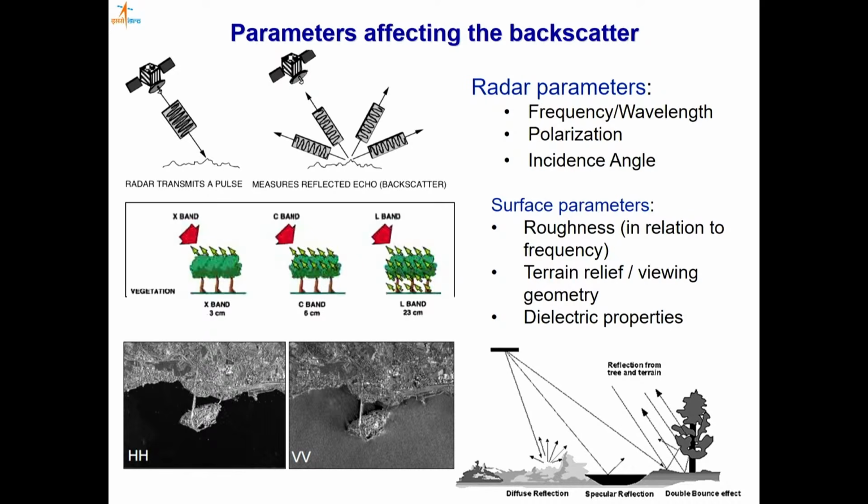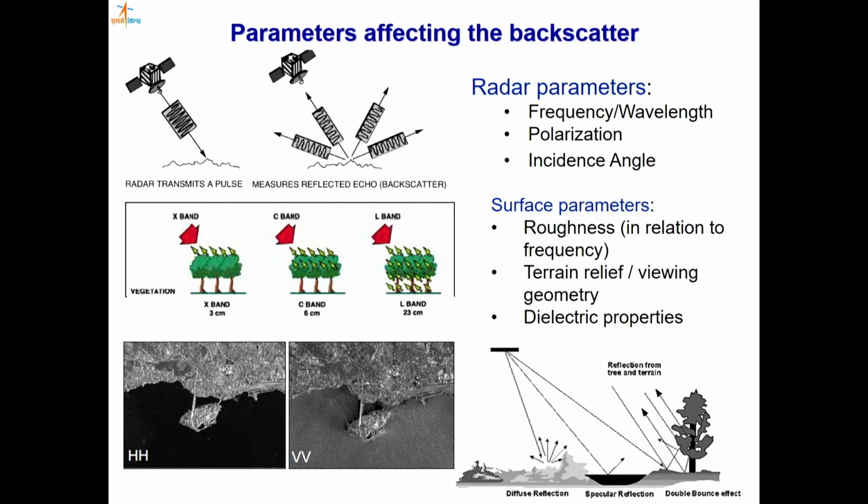If you see the second image on the left side, we have different types of wavelengths that we use in active remote sensing, like X band, C band, L band, S band, P band. You can see from X band to L band, the wavelengths are increasing from 3 centimeter to 23 centimeter.